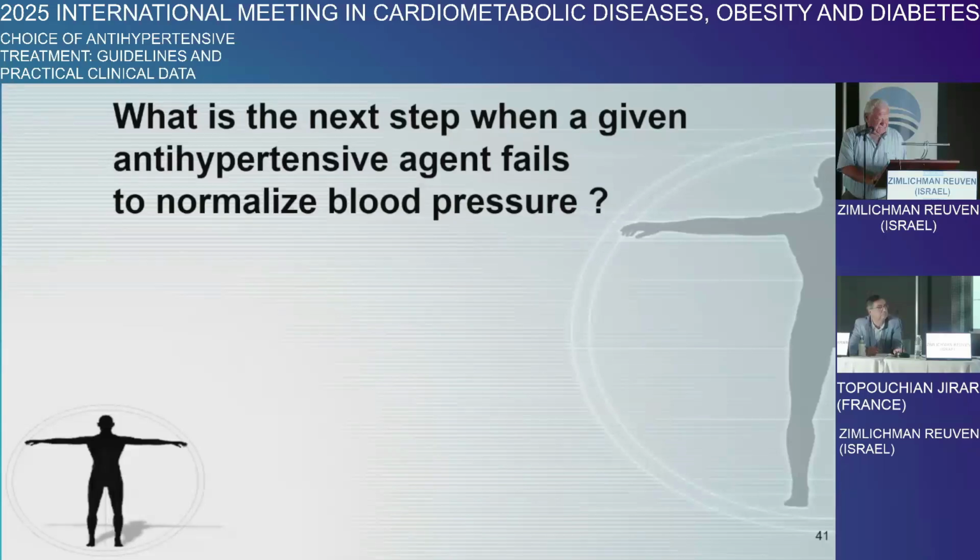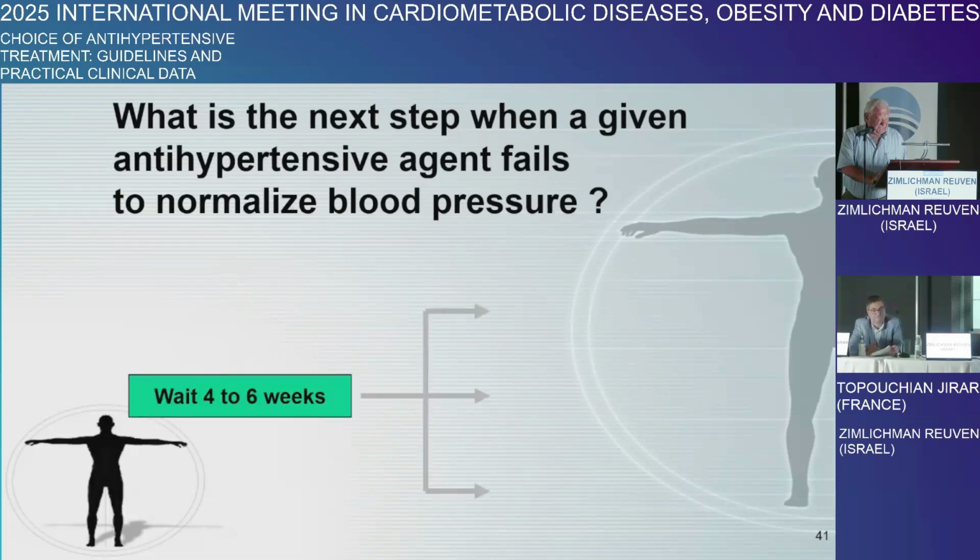Okay, when a given antihypertensive agent fails, what do we do? We have two choices. Either wait and see, which is usually not effective, or switch to another agent.